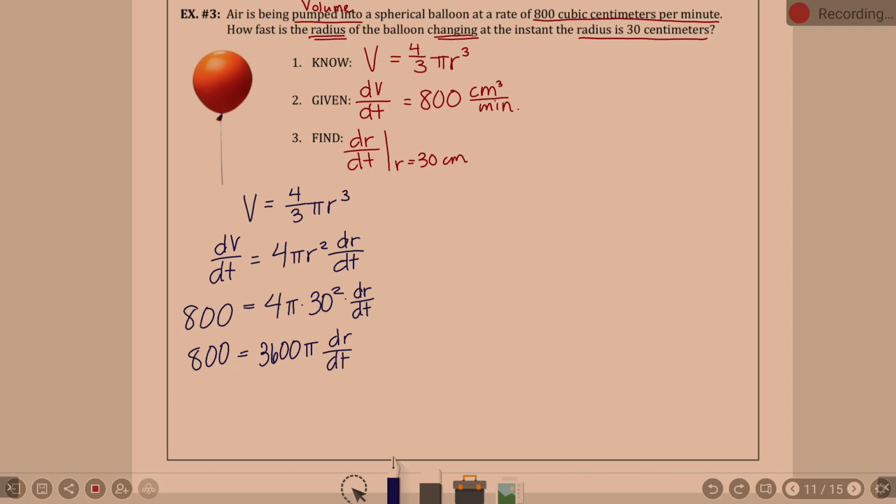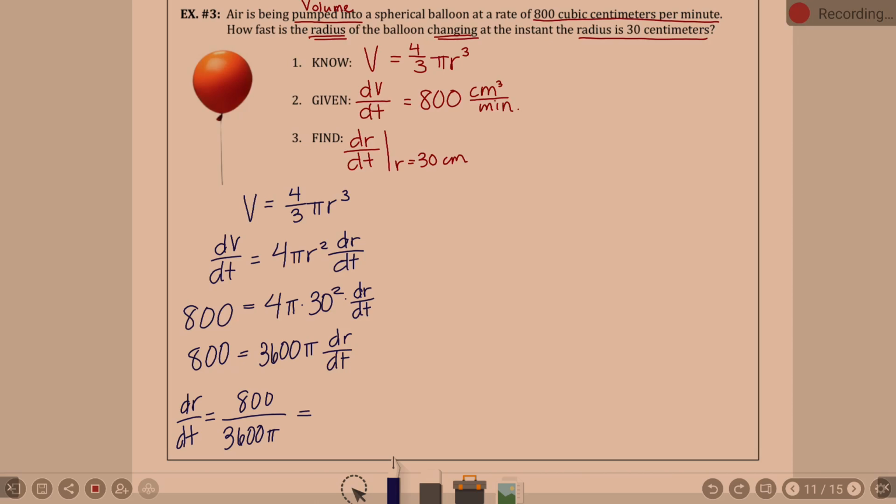And then how do we solve for dr dt? I'm trying to get dr dt by itself. So I divided 3,600 pi over to here, and I just get 800 divided by 3,600 pi, yes?